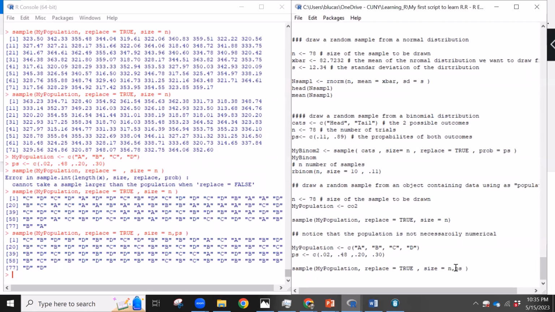Now we get a second random sample, but this time you can see there is not a lot of A. There is a lot less A than there were before. As a matter of fact, there is just one, if I see that well. Okay. And so, yeah, these are different ways you can generate random samples for categorical variables or for numerical variables.